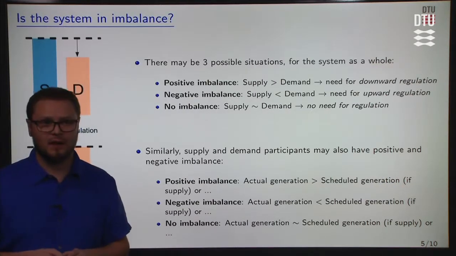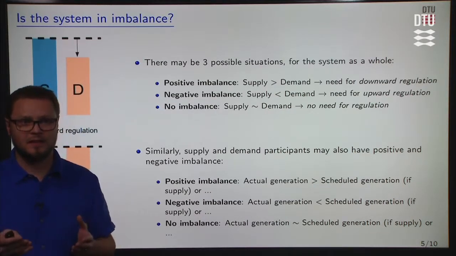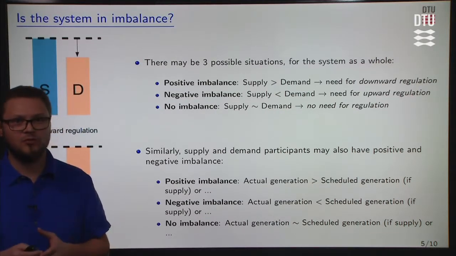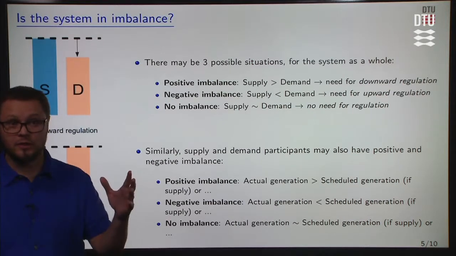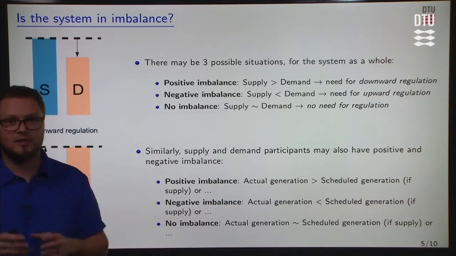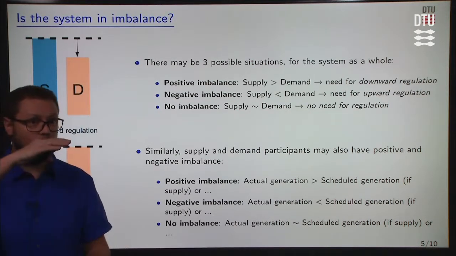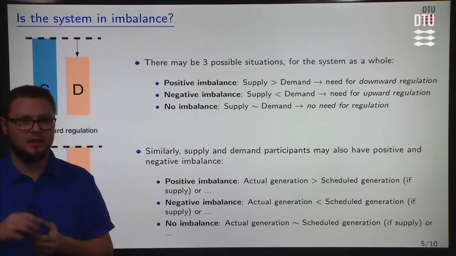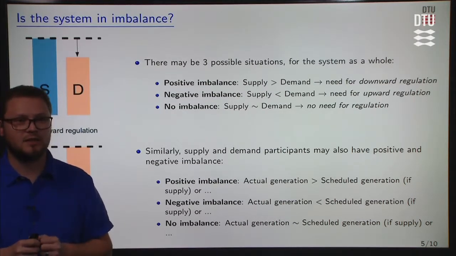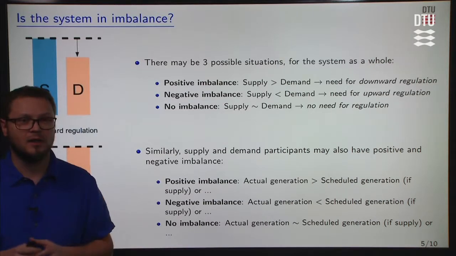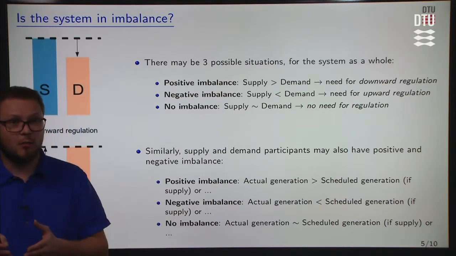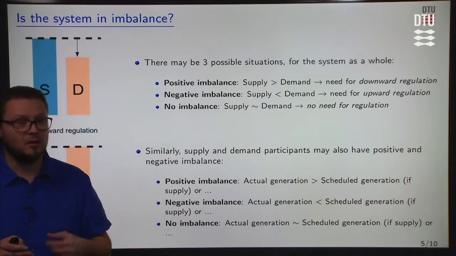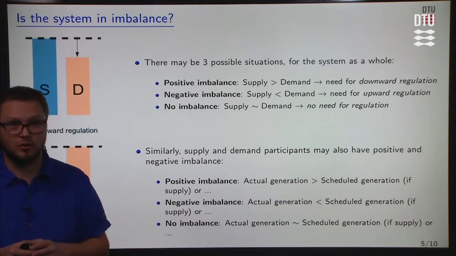But what is an imbalance? There might be imbalances at two levels. Obviously, we have to think of the overall system level, and at the overall system level, the overall supply that was scheduled and the overall demand that was scheduled should be equal. There might eventually be more supply than demand because there's a change in the schedule of some of the suppliers or some of the consumers.